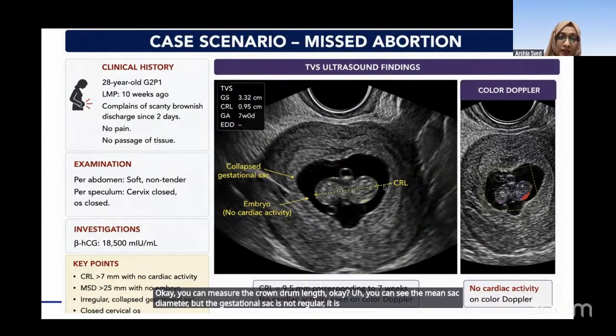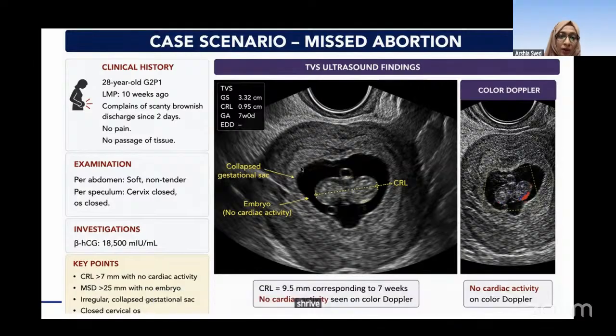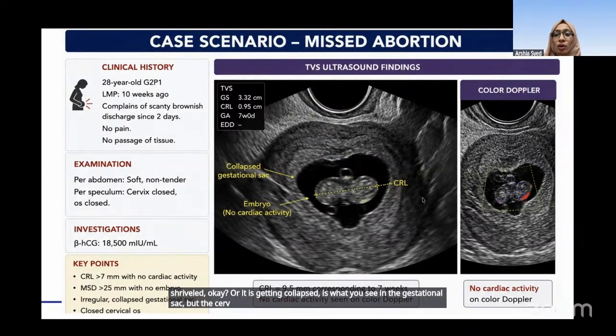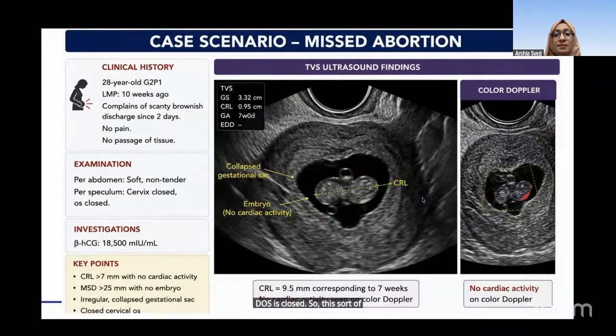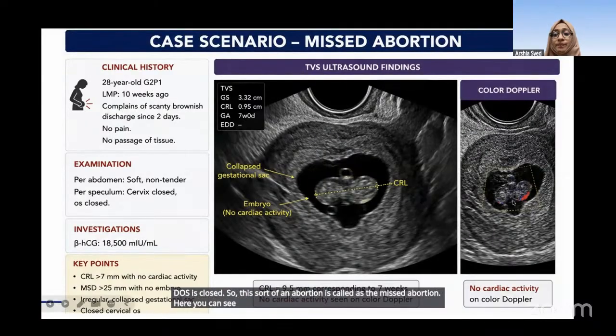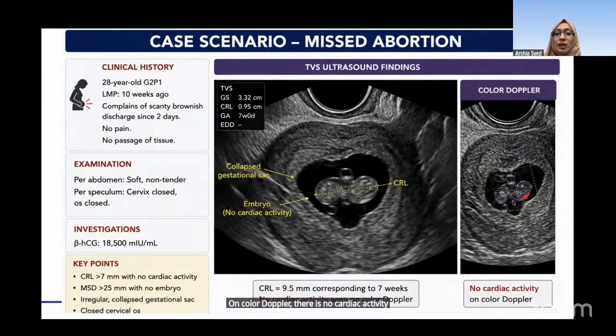It is getting a little shriveled, or collapsed. On ultrasound, the cervical os is closed. On color Doppler, there is no cardiac activity. This sort of condition is called missed abortion.